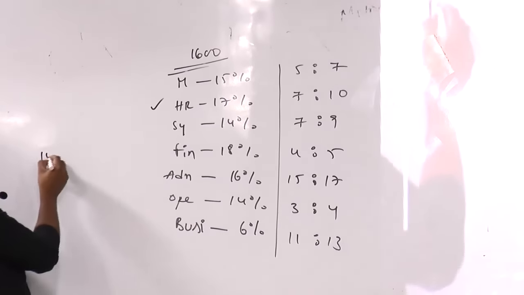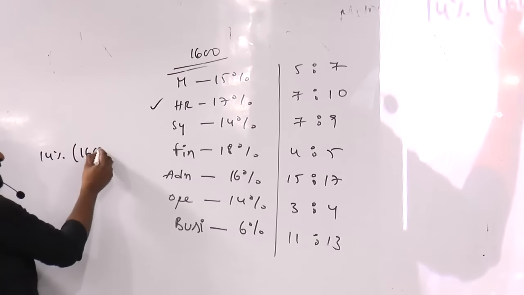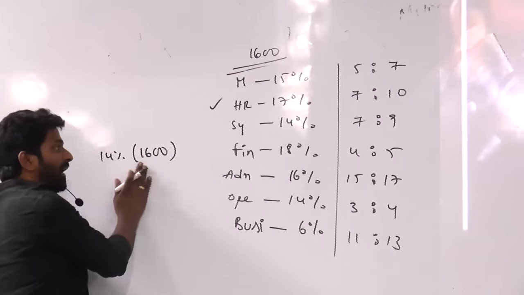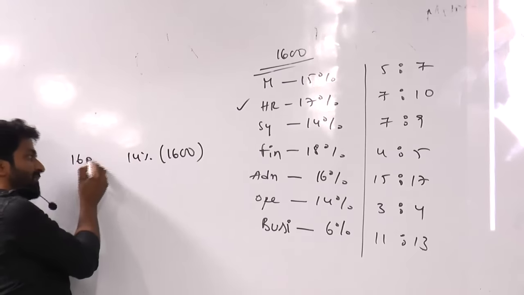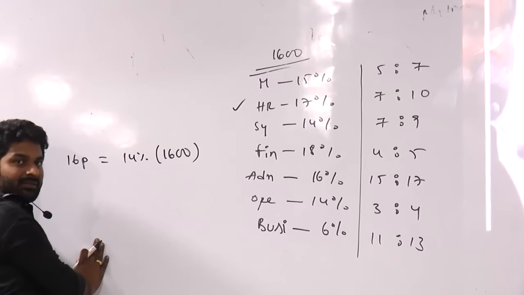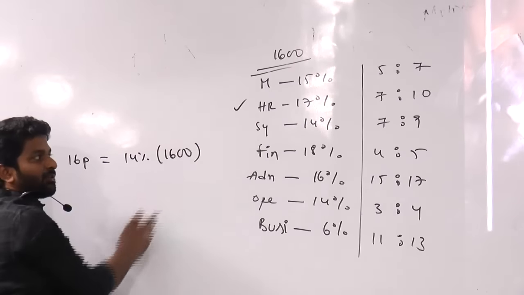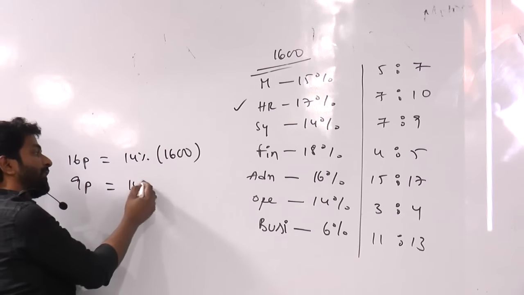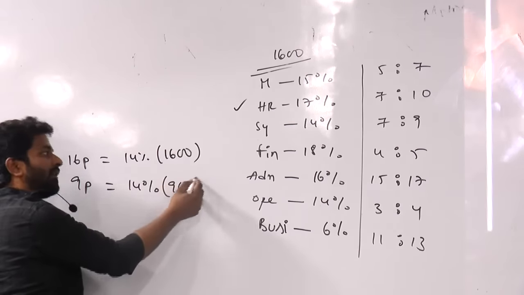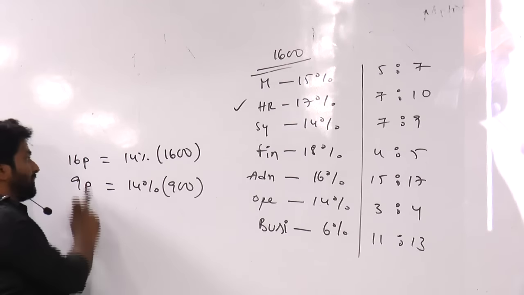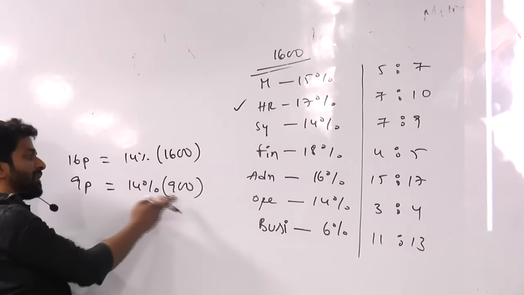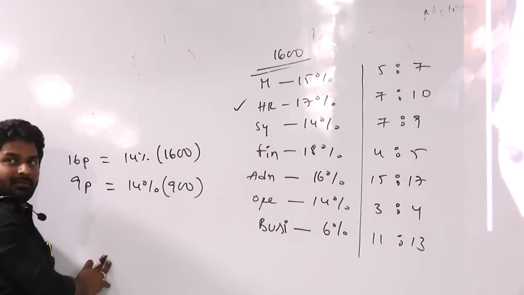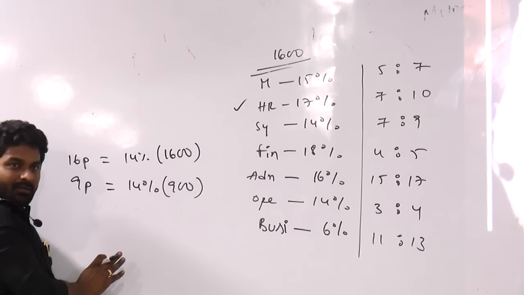Let me calculate 14% of 1600, and that will be equal to 16 parts. But second class students are 9 parts. 9 parts will be 14% of 900. 16 parts 1600, 9 parts 900. That's it. Is that okay?